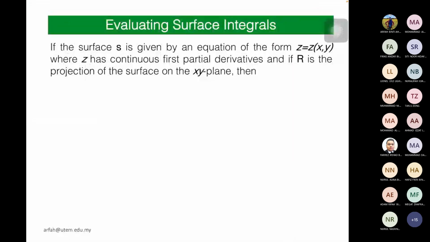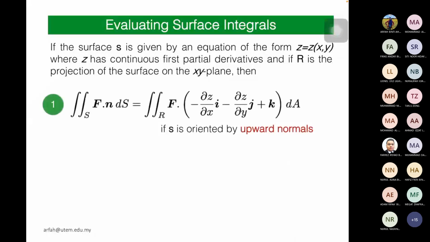If the surface S is given by an equation in the form of z equals f(x, y), where z has continuous first partial derivative, and if R is in the projection of the surface on the xy plane, then the surface integral for the vector function F with respect to the unit normal vector n will be equal to the integration over R of F dot negative delta z over delta x i minus delta z over delta y j plus k dA, if S is oriented by upward normals.